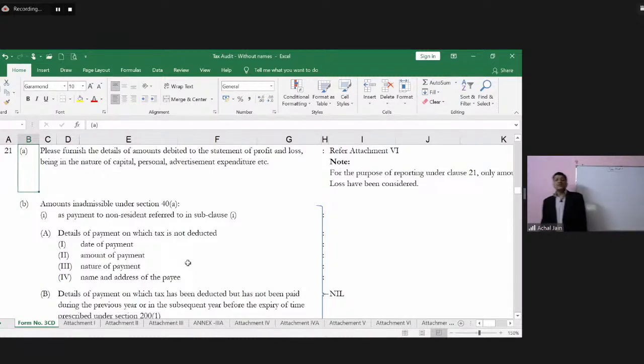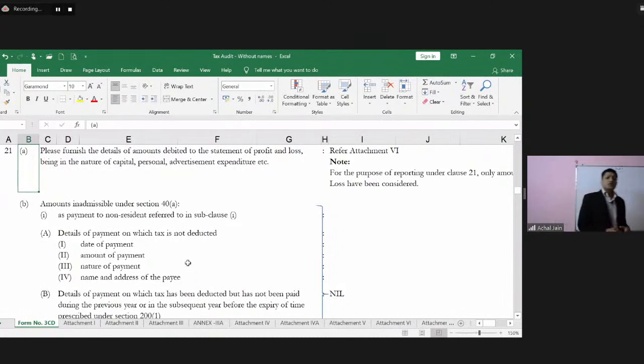So once again, what is the base to start in respect of this report? The base will be P&L, because any amount which is in the nature of capital expenditure, personal expenditure, or advertisement expenditure, and which has been debited to P&L, is required to be reported over here. If that is not debited to P&L, then it will not get reported over here.